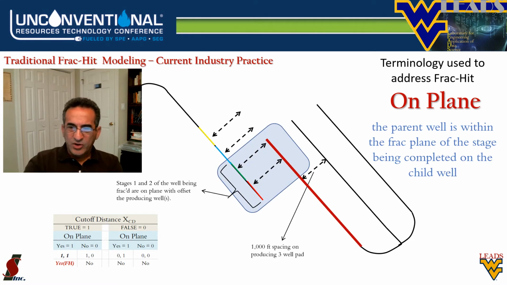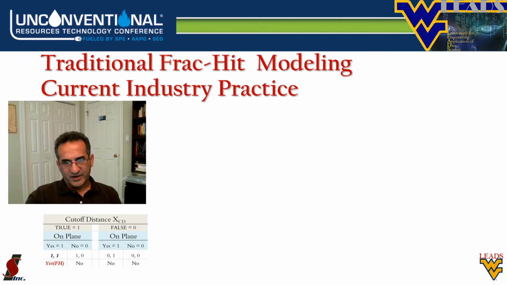The word on plane means the parent well is within the frac plane of the stages being completed in the child well. And what you see here is what's going to cause the Frac-Hit. That's what the on plane is.